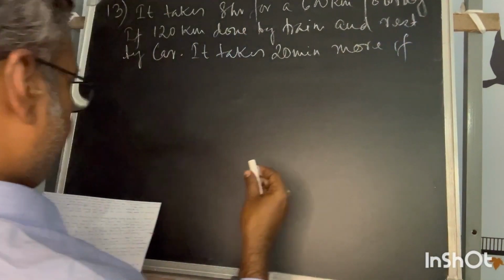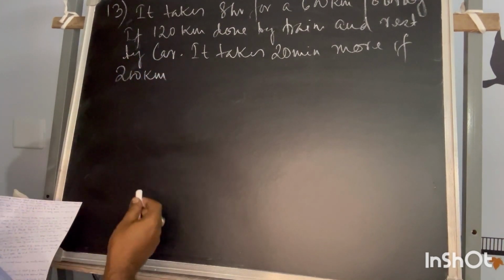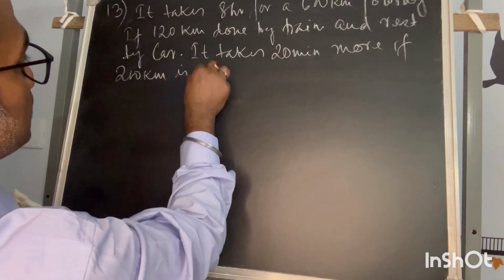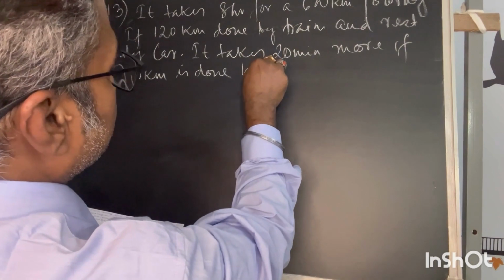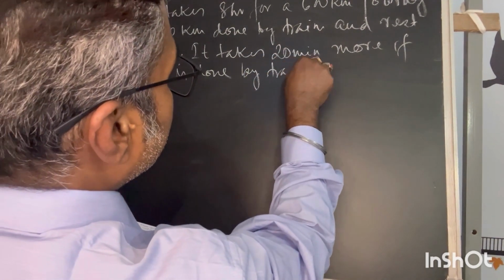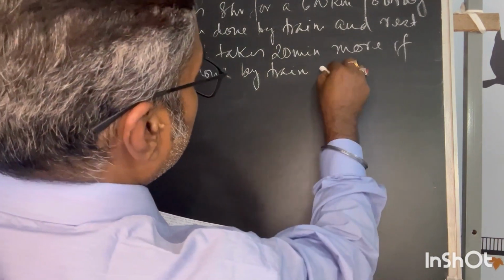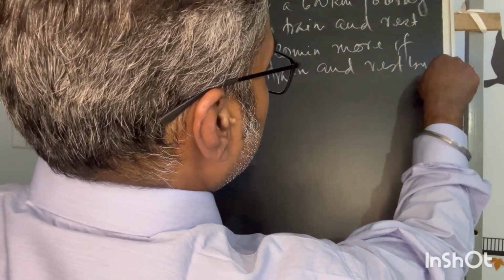200 kilometers is done by train and the rest by car.